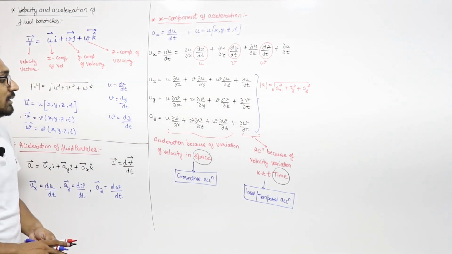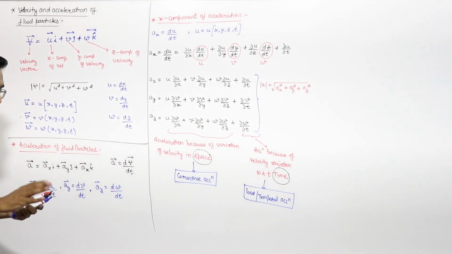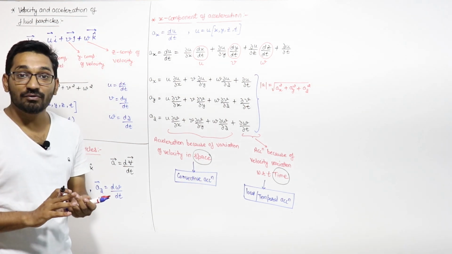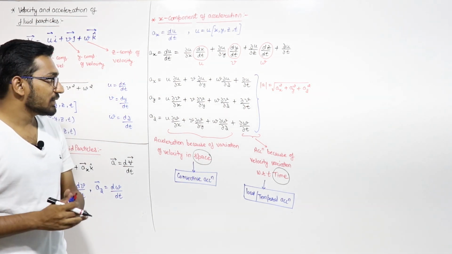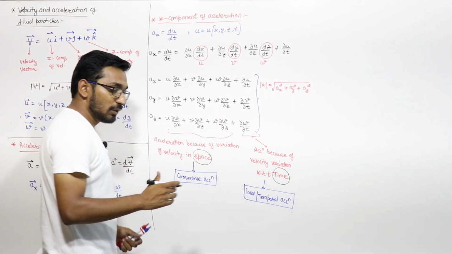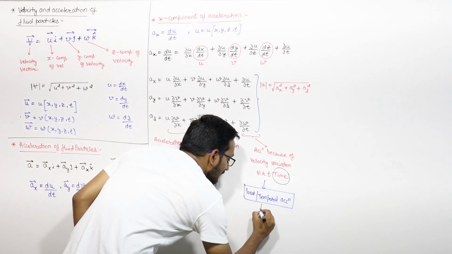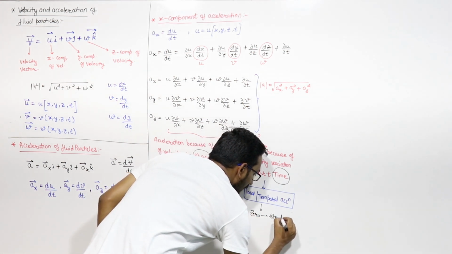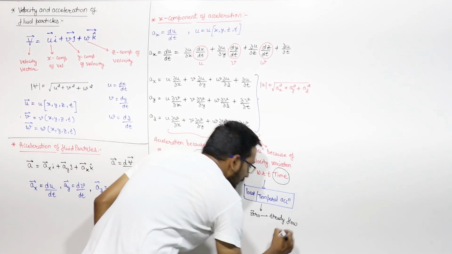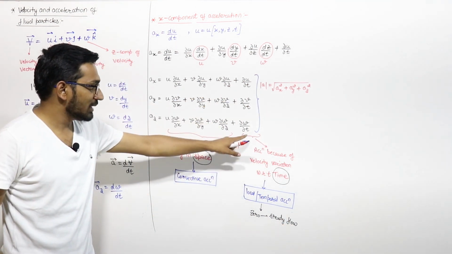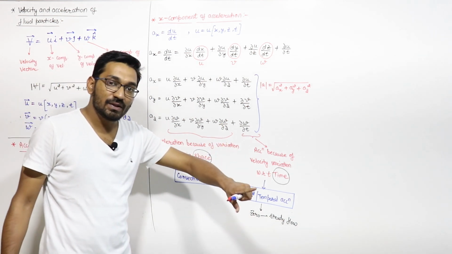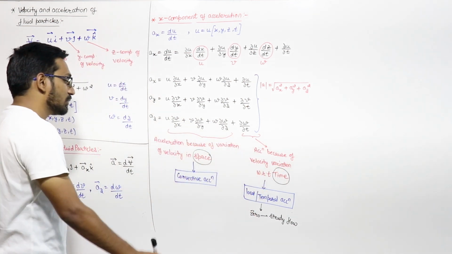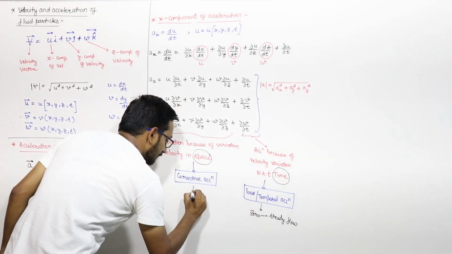Right. Then you can say very confidently one thing: if the flow is steady, that means velocity will not change with time. So if the flow is steady, then this local acceleration will be 0, because for steady flow the fluid parameters will not change with time. If the flow is uniform, that means flow parameters are not changed in space, so the convective acceleration is 0.